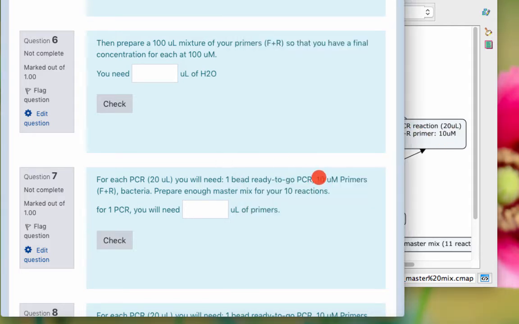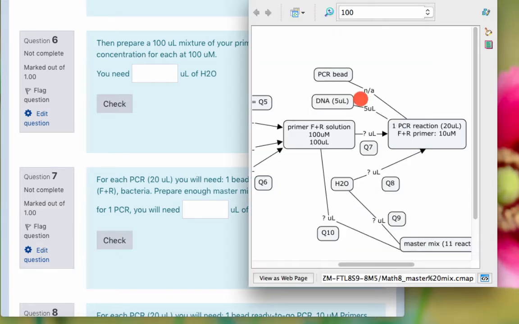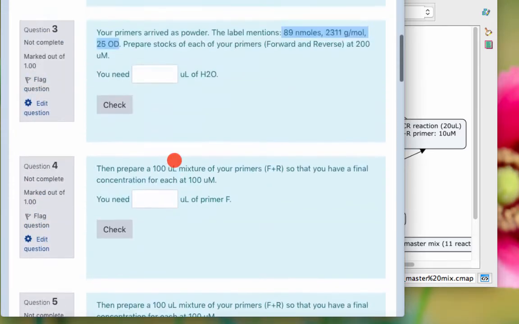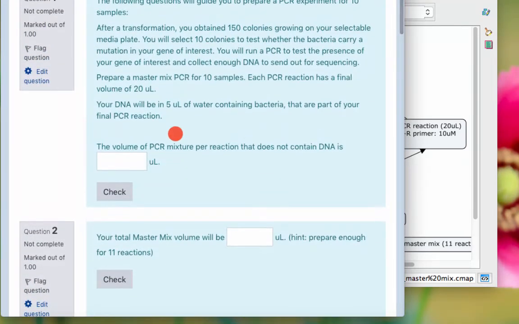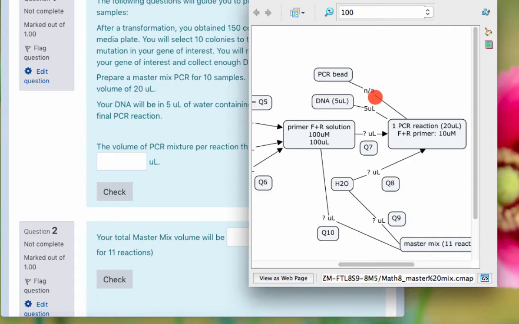That 10 micromolar is right here. There's a bead, right? We're not going to consider the volume of the bead. That's negligible. They also contain a DNA solution, which is basically a bacteria suspension. If we go to question number 1, we see that the volume of this bacteria suspension is 5 microliter of water containing bacteria. So here DNA 5 microliter.